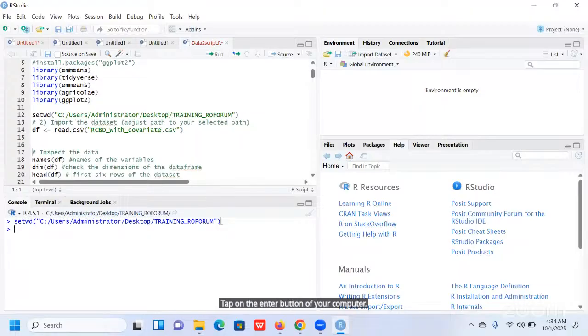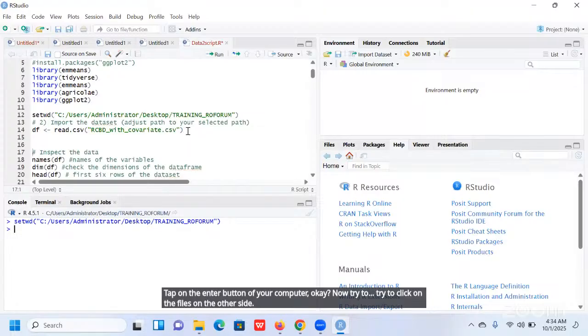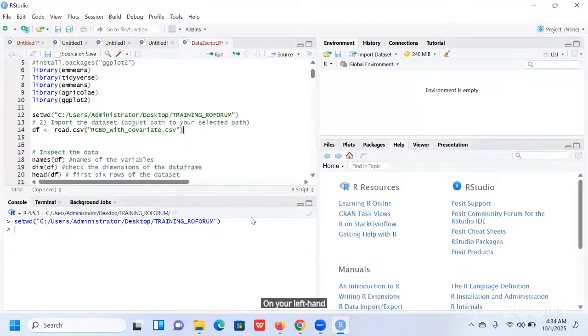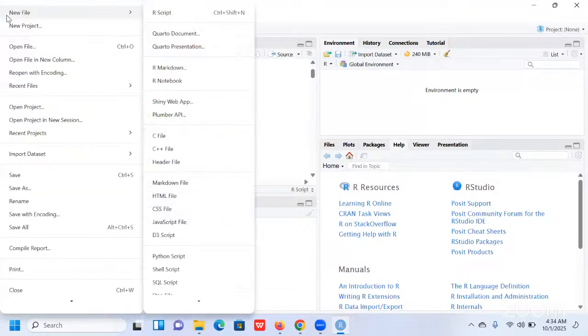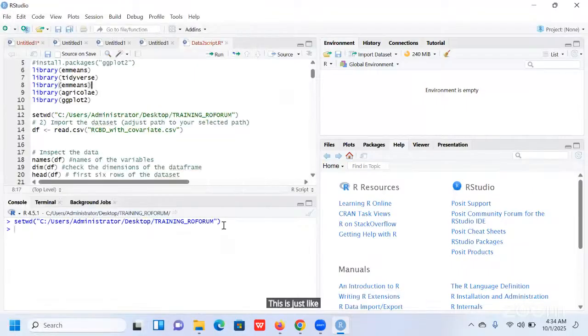Okay. Now try to click on the files on the other side. On your left-hand side, the word file. No, on the left-hand side, on the lower quarters. No, go on the left. Not that one. There's another file where there's a plot.